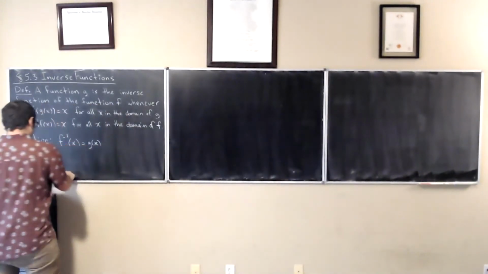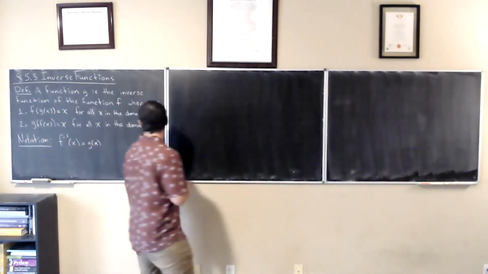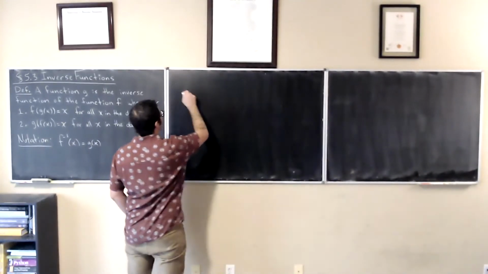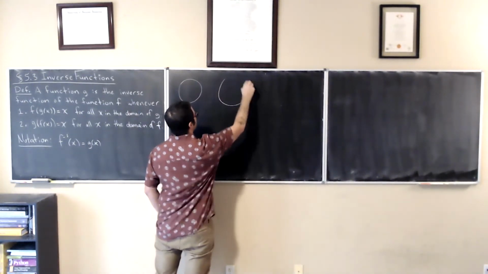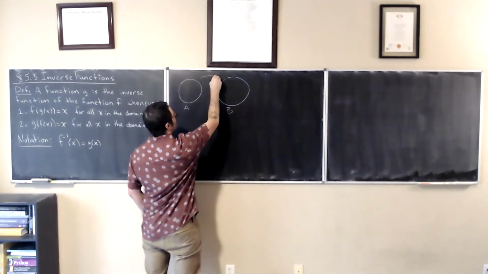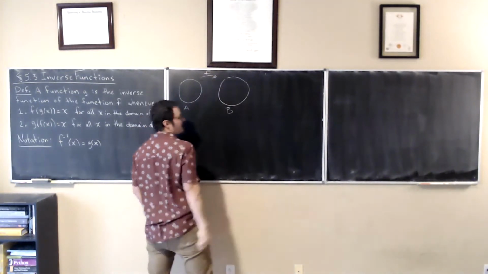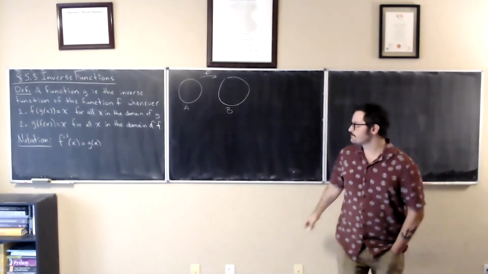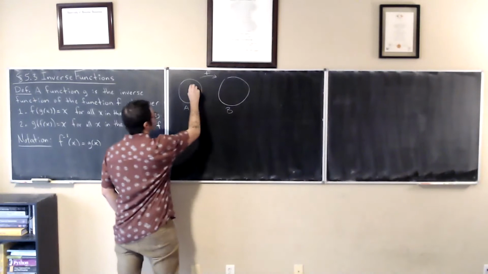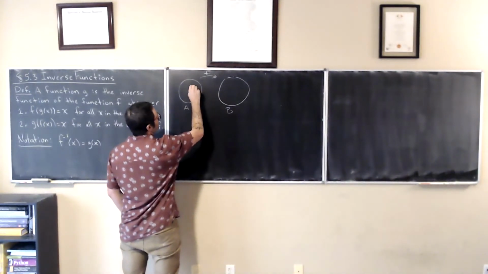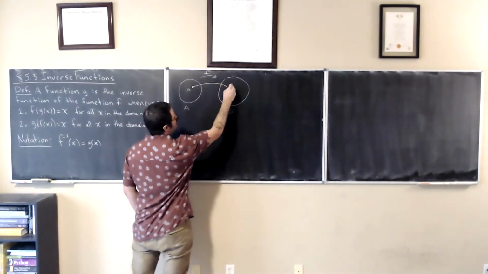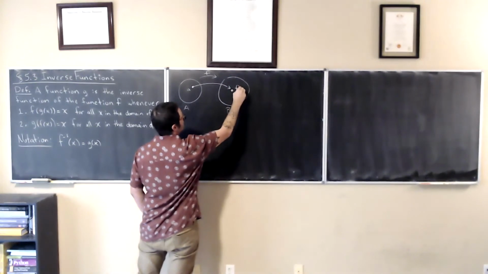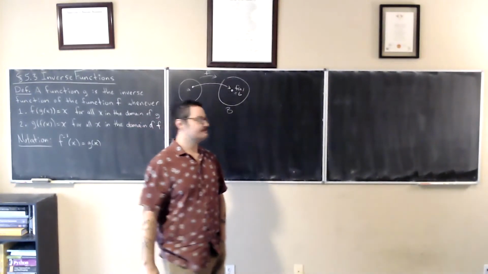Now, you should have a picture in mind that if we have some domain A and some codomain B, and f maps A to B, then if we pick any element over here, say little a, it is going to be mapped over here to little b.